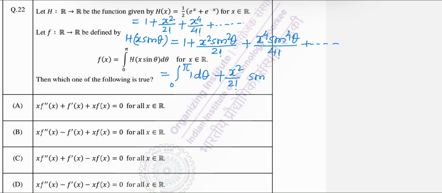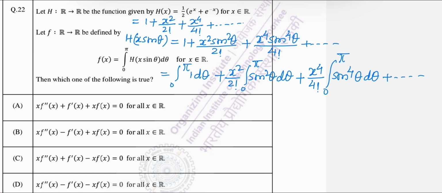And here will be sin square theta d theta from 0 to pi, and the third term will be x to the power 4 by factorial 4 times sin to the power 4 theta d theta, integrated from 0 to pi, and there will be an infinite number of terms.